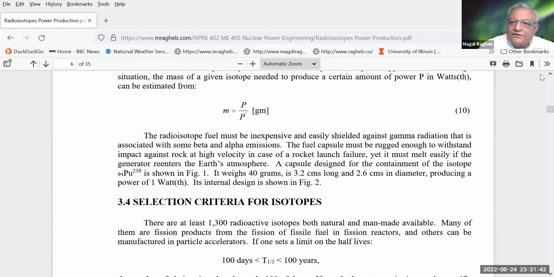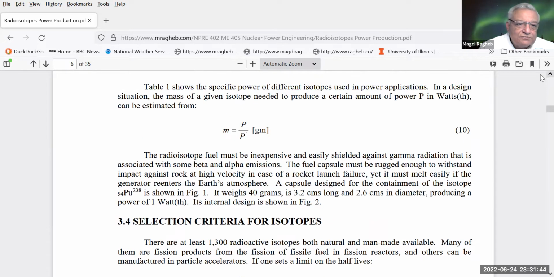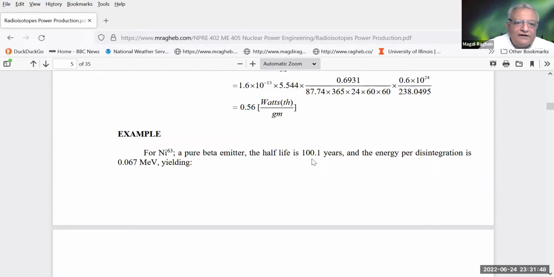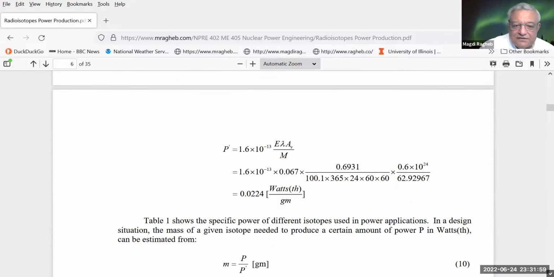So we considered here two interesting isotopes. The one that has a long half-life but would need a large amount to produce significant amounts of power, nickel-63, and we considered plutonium-238. I suggested that there are many other isotopes.